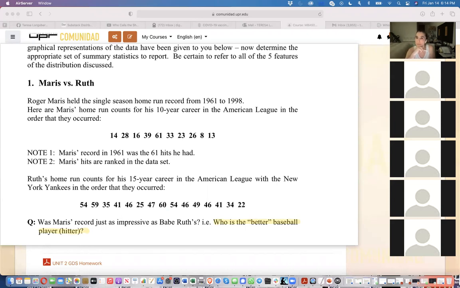And why? So the variable is home run hits. That means they hit the ball and they ran around the diamond. I think that's what it means. So we're comparing not only these values, but the career.